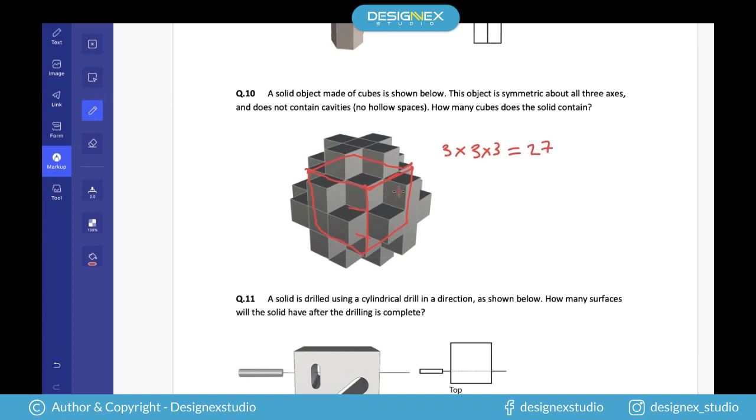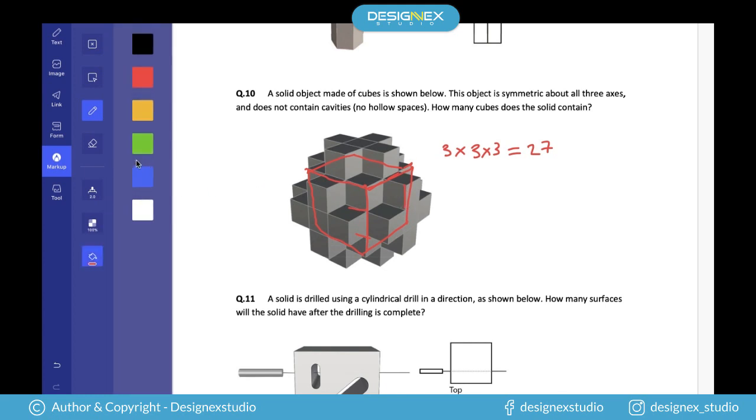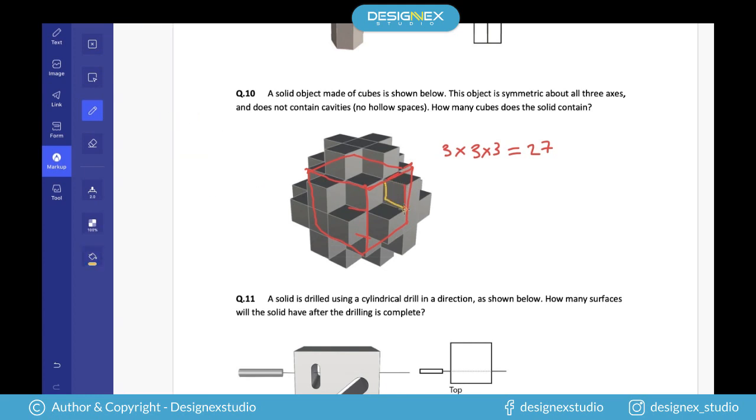Then outside, this plus, this plus, the number of cubes are 1 2 3 4 5. 5 are there. The number of pluses that you have in the periphery are 6 into 5, 30. So 27 plus 30, that makes it 57. That is the answer.